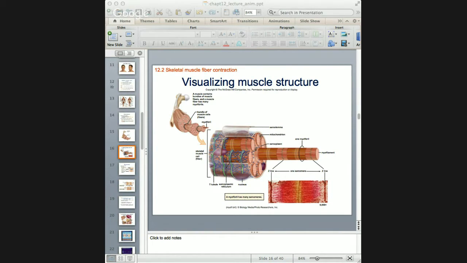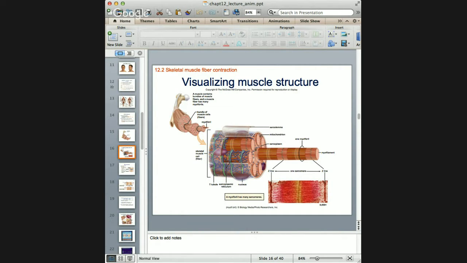So here we're looking at a muscle cell. This is actually one muscle cell. And inside each muscle cell, you have what is known as myofibrils.